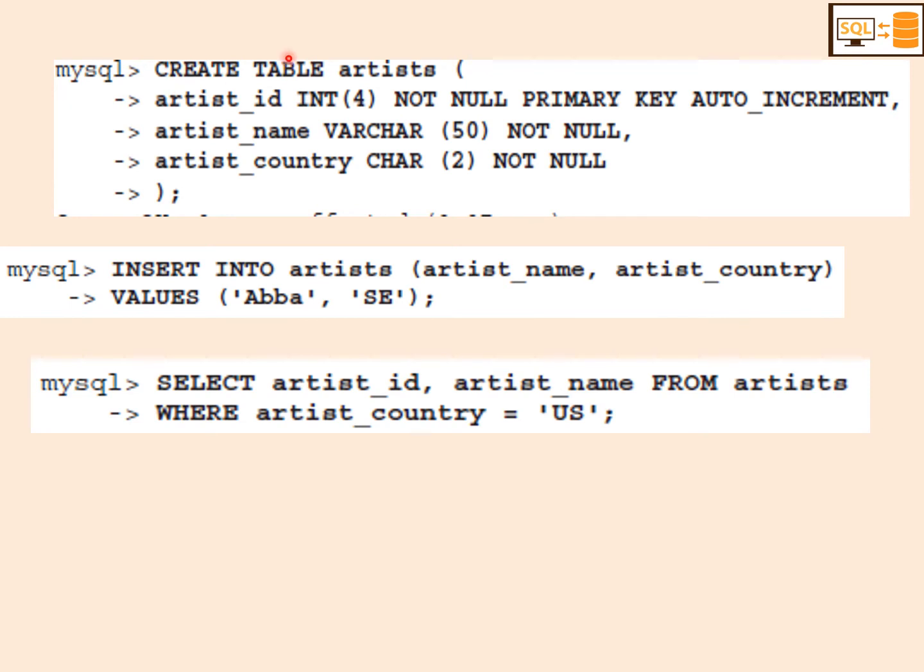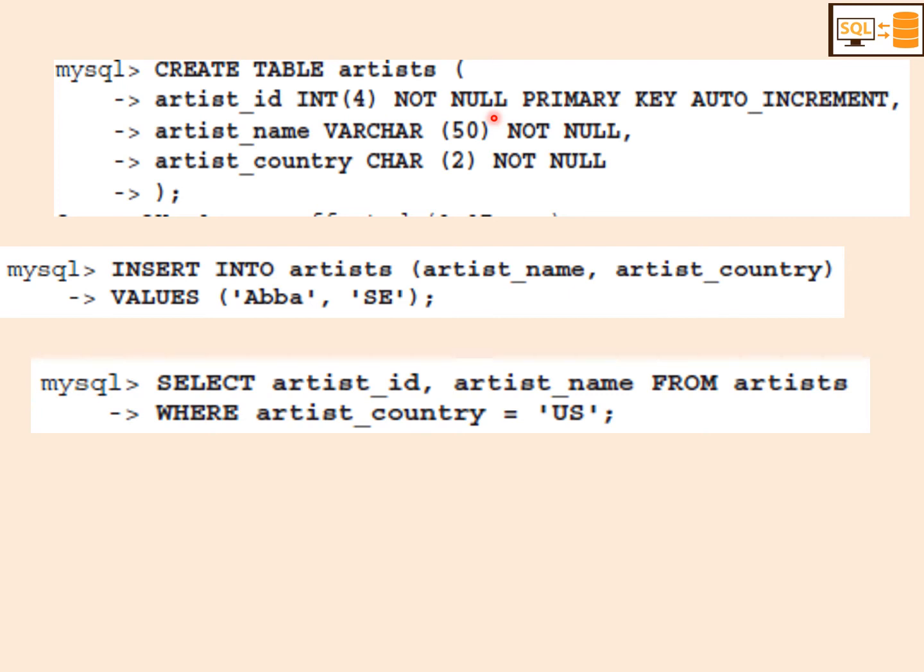So: create table artist, artist ID int not null, primary key, auto increment. The first field in the artist table is artist ID, which is of integer data type. It should be a not null value, that is, this column should not be blank for all the records.